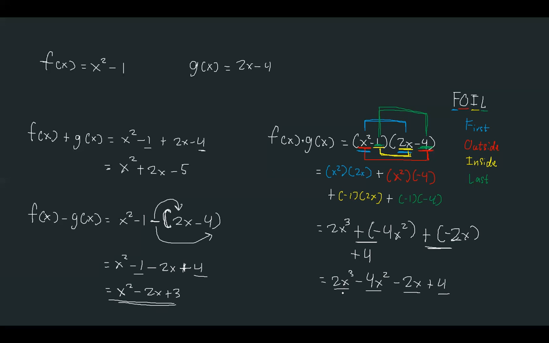So if I'm going to bring out 2, this is the result. 2 quantity x cubed minus 2x squared minus x plus 2. That's it. Just bring out 2. So, yeah, basically, that's it.